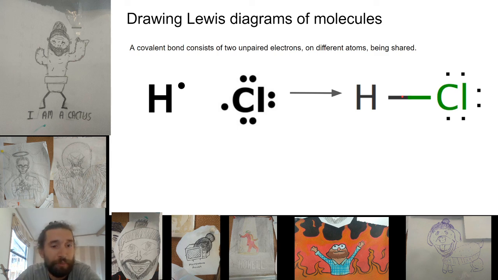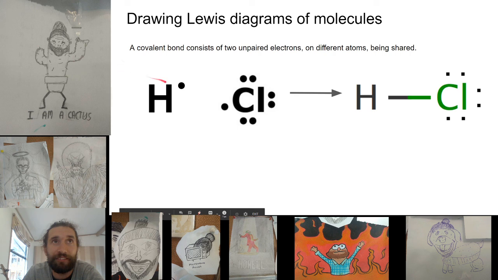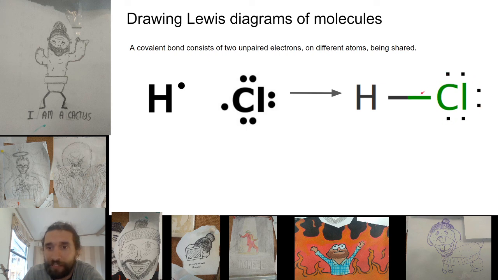But what you need to remember in molecules is that a bond also represents 2 electrons. This electron and this electron are now in this bond. So chlorine has 8 electrons around it, including the 2 on the bond, and hydrogen has 2 electrons. They're both happy, with full outer shells.